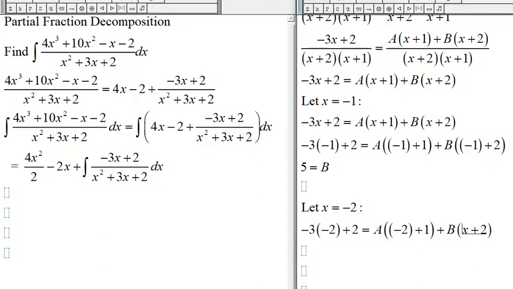Negative 3 times negative 2 is 6. 6 plus 2 is 8. Negative 2 plus 2 is 0. Negative 1 plus 2 is 1, so we get negative 1A... Then multiply both sides by negative 1, so A will be negative 8.